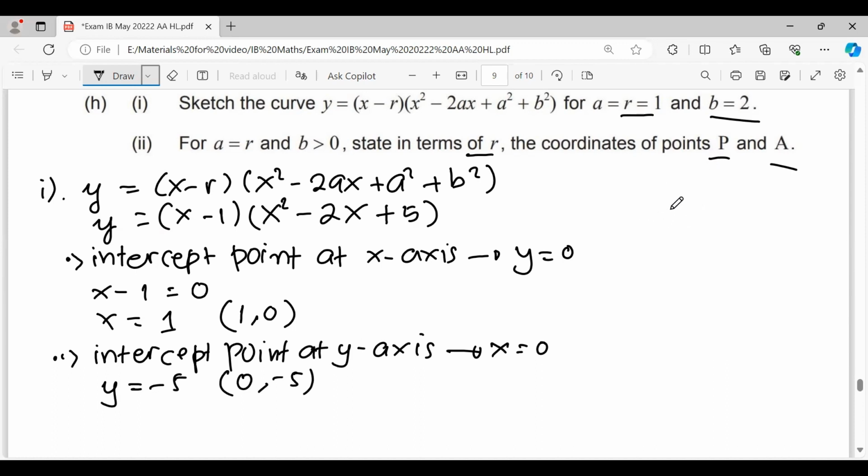The sketch becomes like this. Y, x, 1 and negative 5 around here. Okay. And if we sketch, it will be like this.